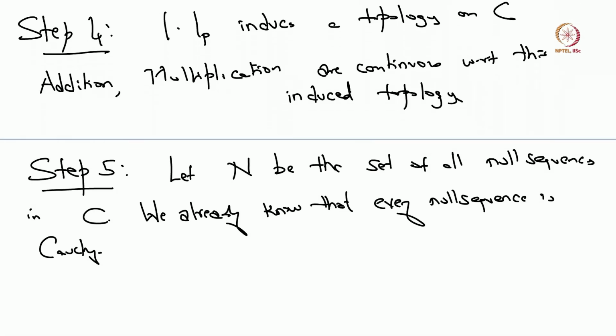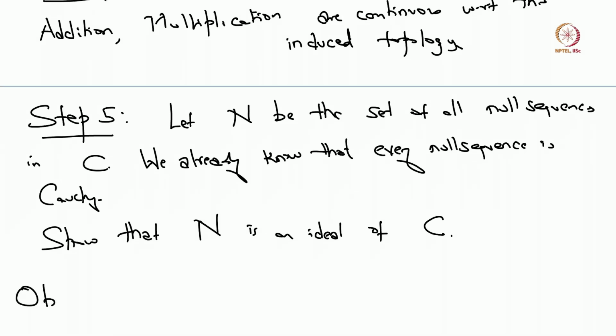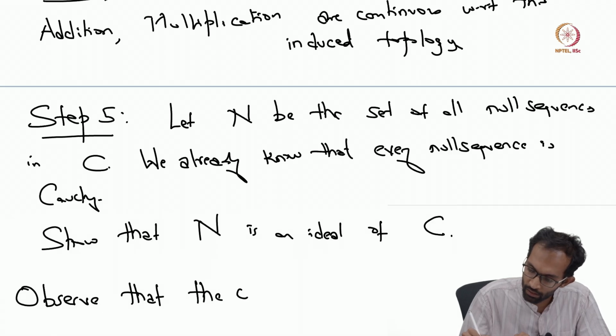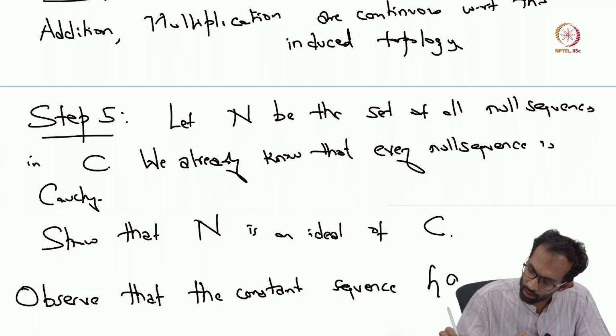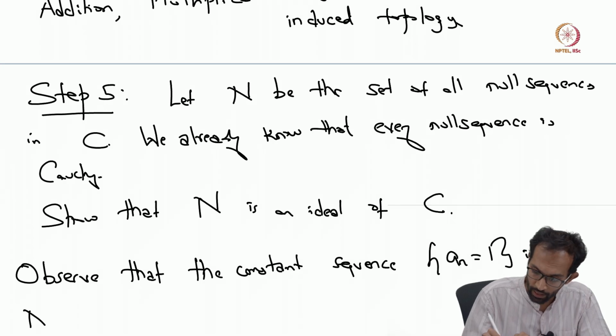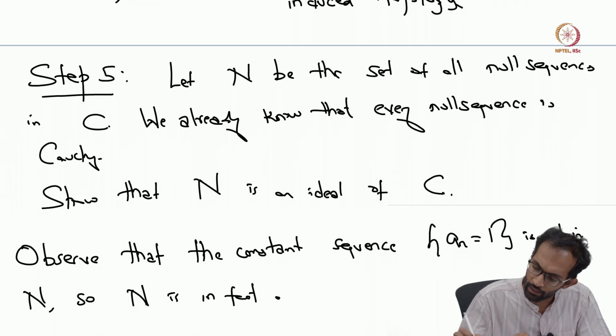What you have to show is that this set of all null sequences forms an ideal of C. And just an observation: the constant sequence a_n equals 1 is not in N, so N is in fact a proper ideal of C.